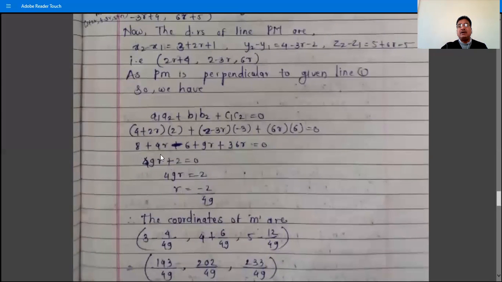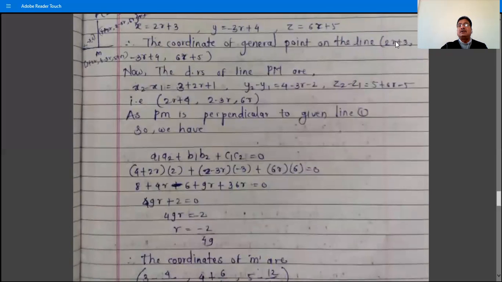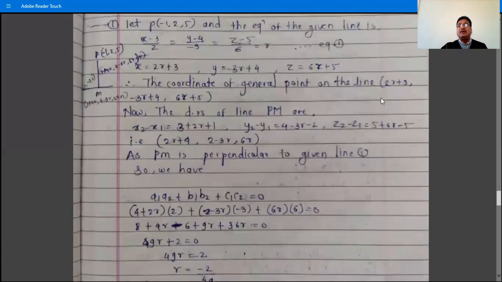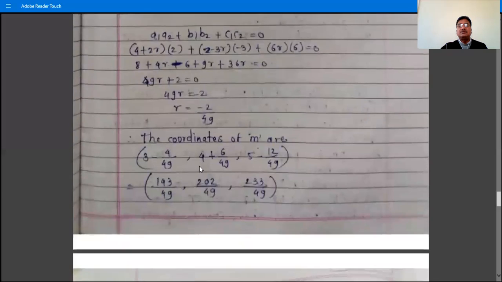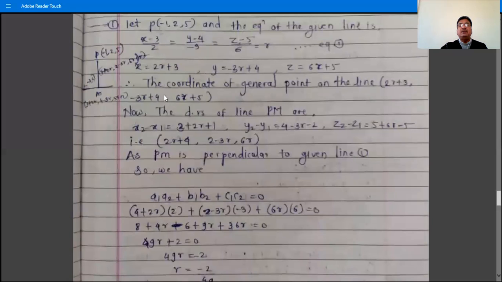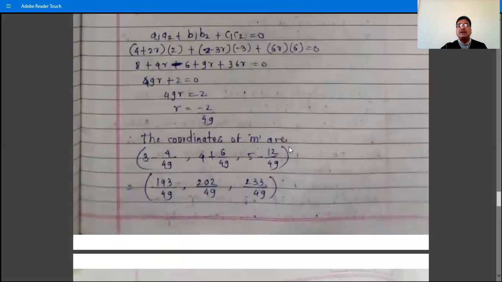So after simplification we have R is minus 2 by 49. Substitute this value of R in the coordinates of the general point. So 3 plus 2R is 3 plus 2 into minus 2 by 49, then 4 minus 3R, then 5 plus 6R, that is 5 minus 12 by 49.